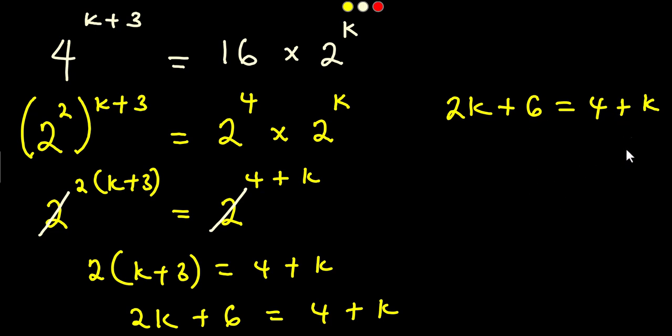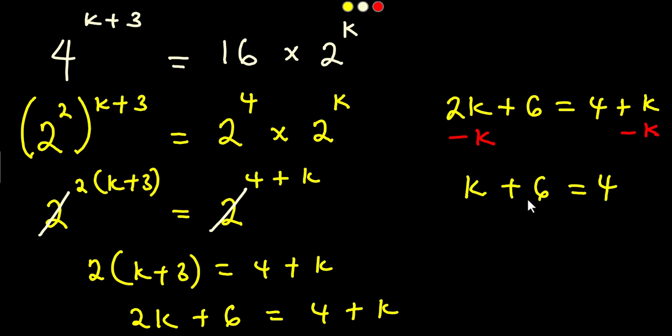And one way you could do that, because here's the plus k, I'll just add the minus k here and a minus k here, and you'll notice that's going to reduce it to 2k minus k. That's just going to be k plus 6 equals 4. Of course k minus k is definitely 0, so it doesn't have to apply.